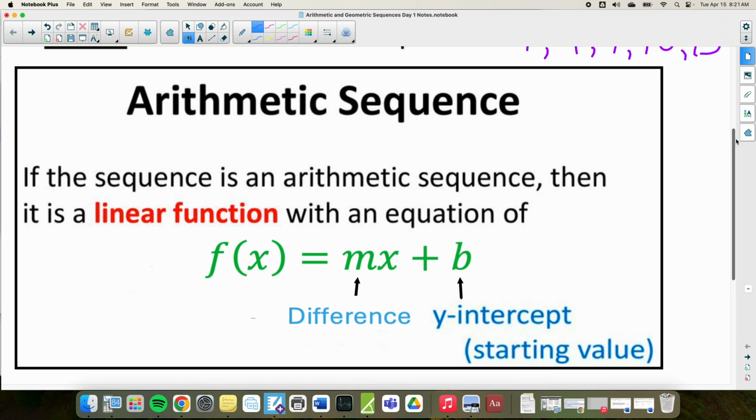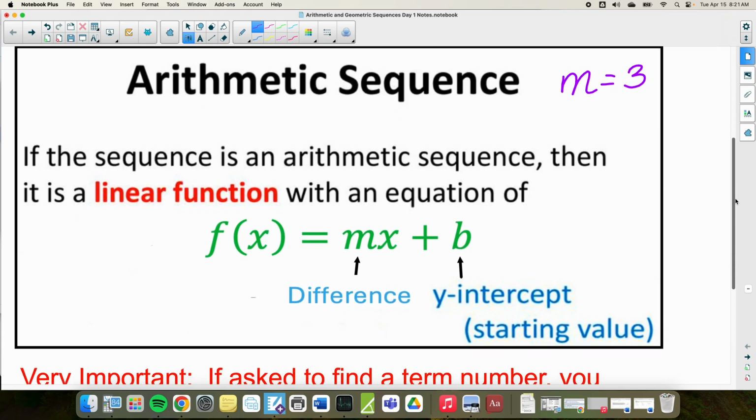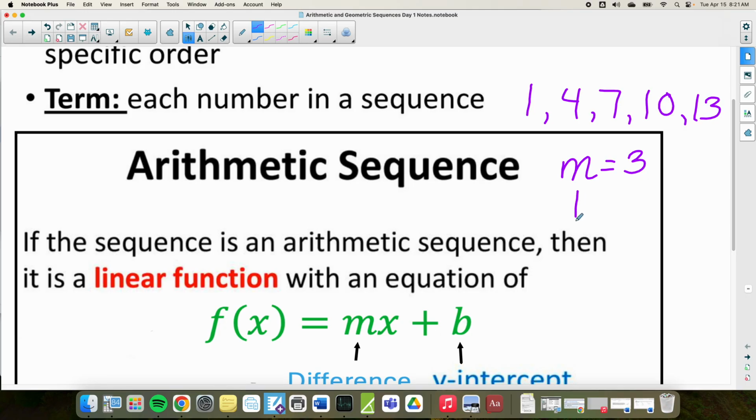So in my example up here, my m would be 3. And then b is where you start, and in this case we started with 1. So if I had to write that equation, it would be f of x equals 3x plus 1, okay?